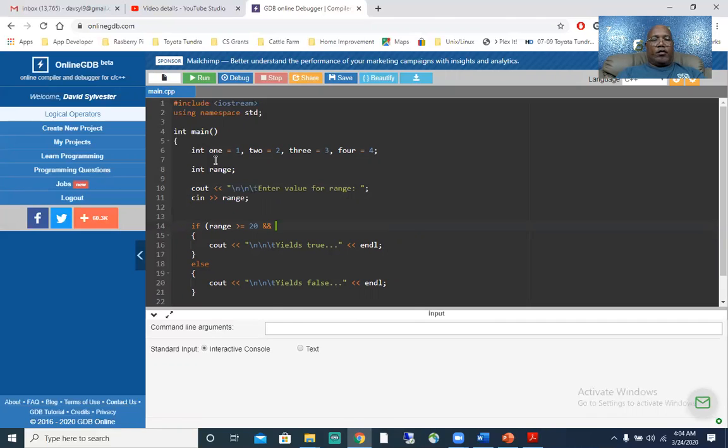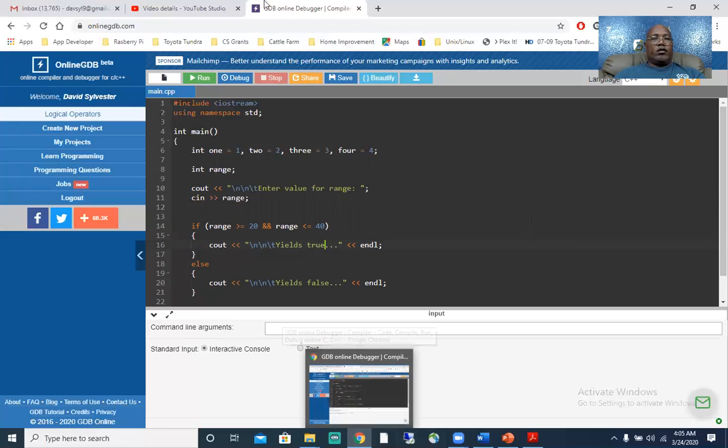Remember, we have to use a comparison on both sides, so range needs to be on the other side also. And range is less than or equal to 40. So that means if I put 20, it would be true. So what did they use? Let's say I'll use the word that they use.